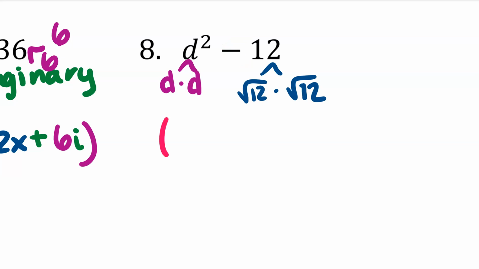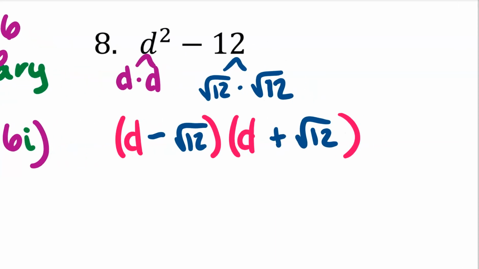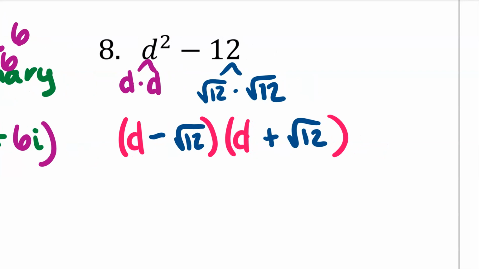Okay. So each parenthesis is going to get a d. And now each one is also going to get a radical 12, with opposite signs. Now, if you're like, wait a second, how did that work? Think about the conjugate. If I did the conjugate, and I teach it with the shortcut, if I did my firsts times each other, I'd get d squared.